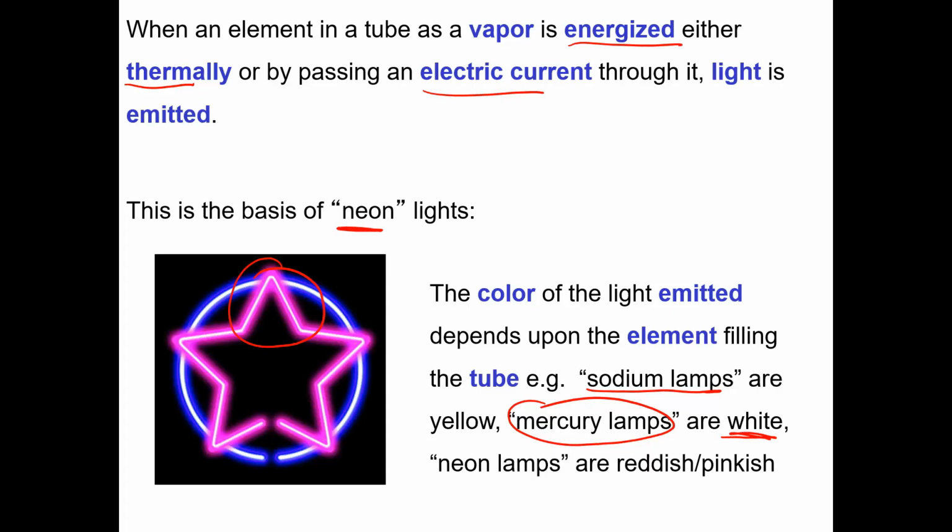So when you see fluorescent tubes in a classroom glowing white, those tubes often have a little bit of mercury in them. And that's why you might have been told that you can't dispose of fluorescent tubes into regular trash, because mercury is quite toxic. Neon lights tend to have this pinkish, reddish color.